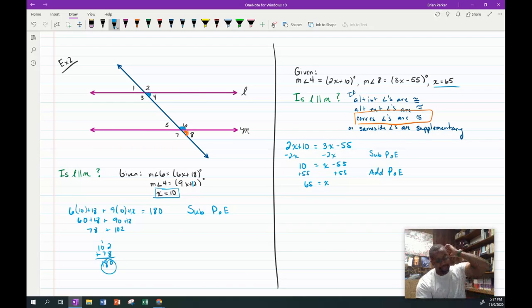And so yeah, we can say that line L is parallel to line M, even with this information, because the same side interior angles are supplementary. Same side interior angles.